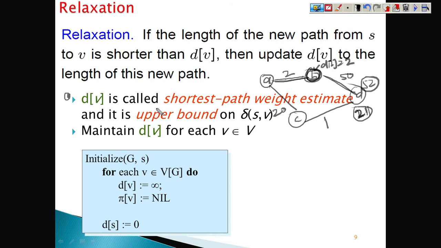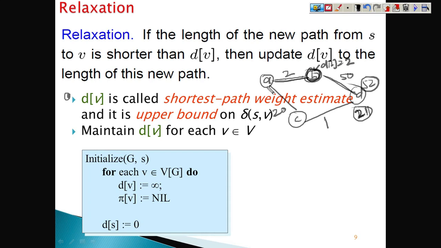So d of V is the shortest path weight estimate, and it is an upper bound on delta of S, V. Delta of S, V, as we have already discussed, is the minimum cost to move from S to V, and d of V is an effort to reach delta of S, V. So this basically gives the upper bound.